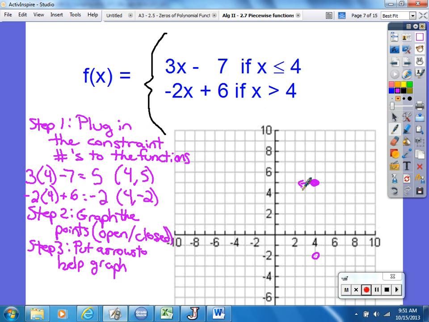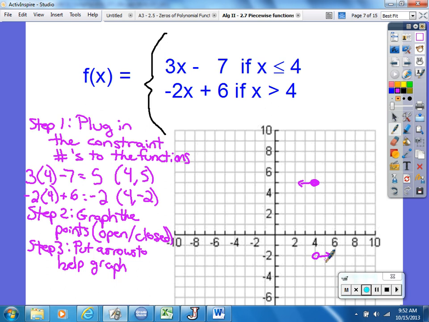So I'm going to be starting at this point, and I'm going to go on forever in this direction some way, right? I just don't know what that way is yet. So let's look at the bottom one, which will go with this point here. X is greater than, so I know I've got to be on this side. Again, I'm going to use pencil so I can erase those two little arrows. Those arrows are just helping me here in a second.